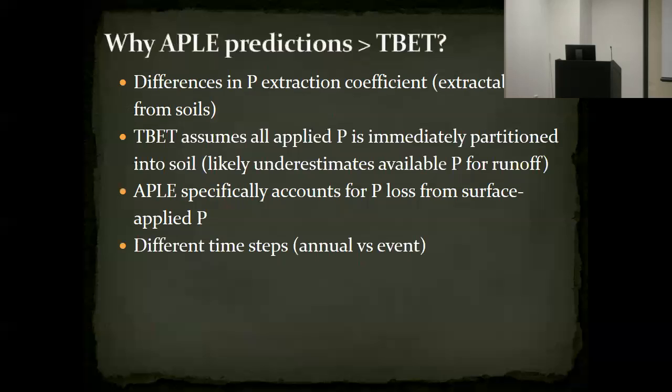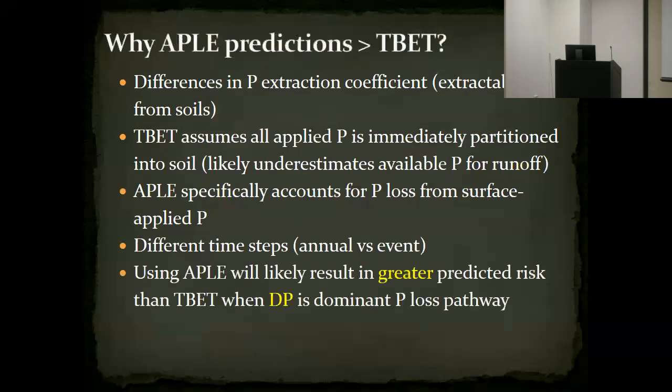And again, it's also hard to really understand what is the effect of the different time steps, as far as looking at annual and daily and how that is going to affect how the model predicts phosphorus loss. But in general, what we can say is if you're using the Apple model, certainly from a management perspective, you're likely to get a greater predicted risk than T-Bet. So this could be kind of problematic.